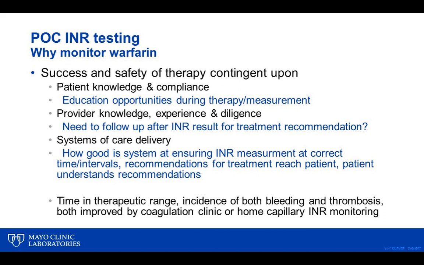And there is data that time in therapeutic range, 2 to 3, is better, and the incidence of bleeding and thrombosis is less, when we do point-of-care monitoring of INR coupled with real-time education of the patient in adjusting warfarin dose.